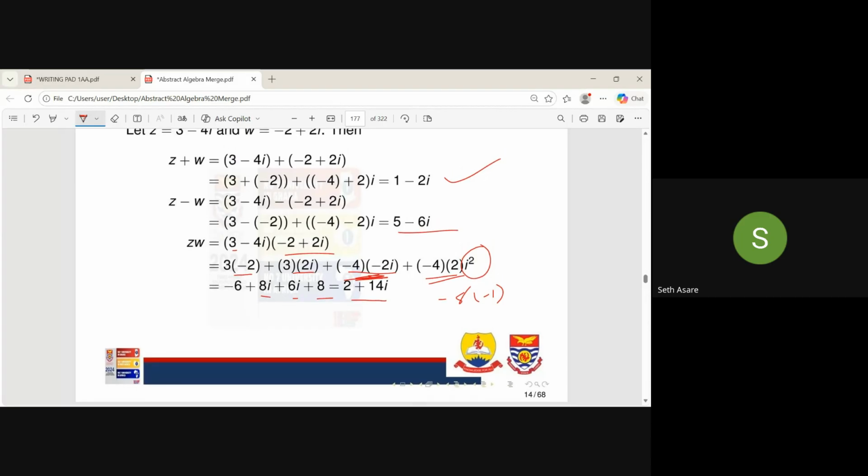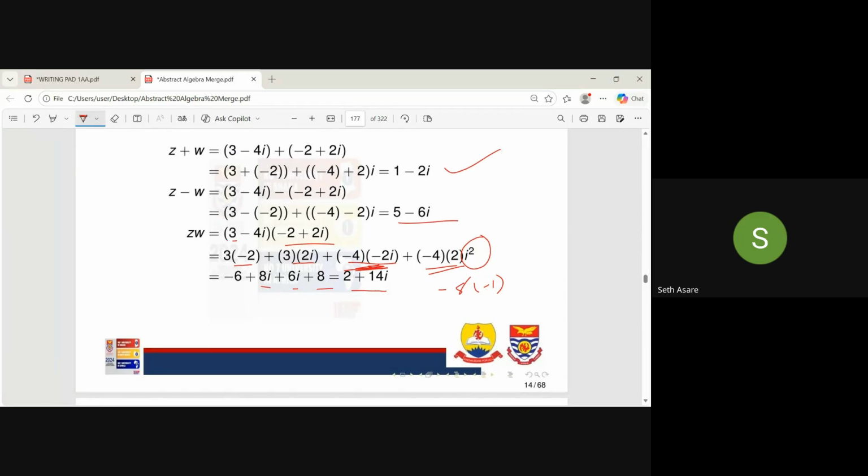Okay, now look at this. This one is multiplying this. Then this sign, the plus in the second bracket, will come before I deal with this one. Are you okay? Okay. All right.